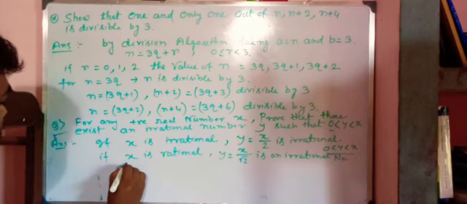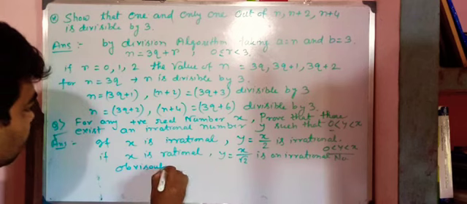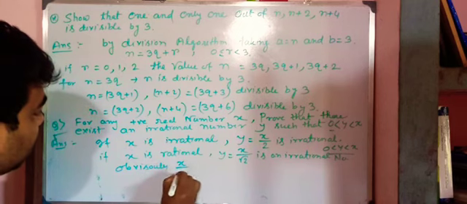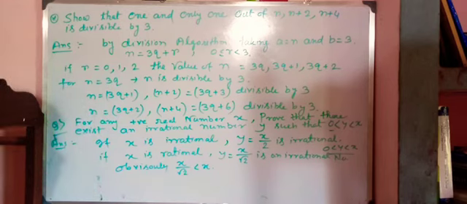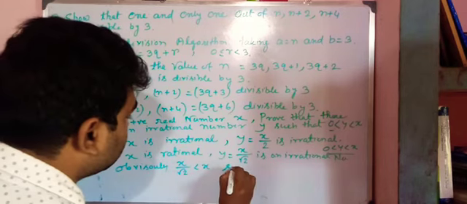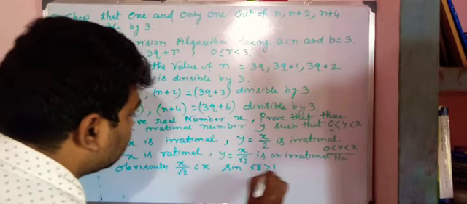Obviously, this x by root 2 is strictly less than x, since root 2 is strictly greater than 1.